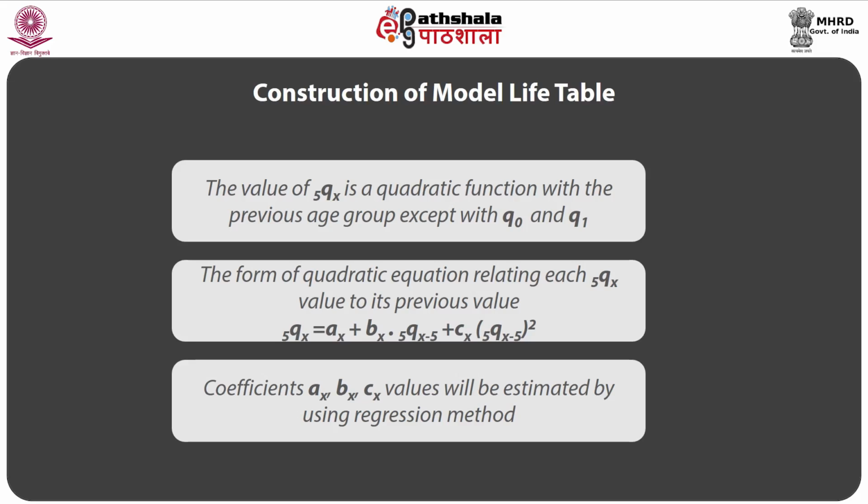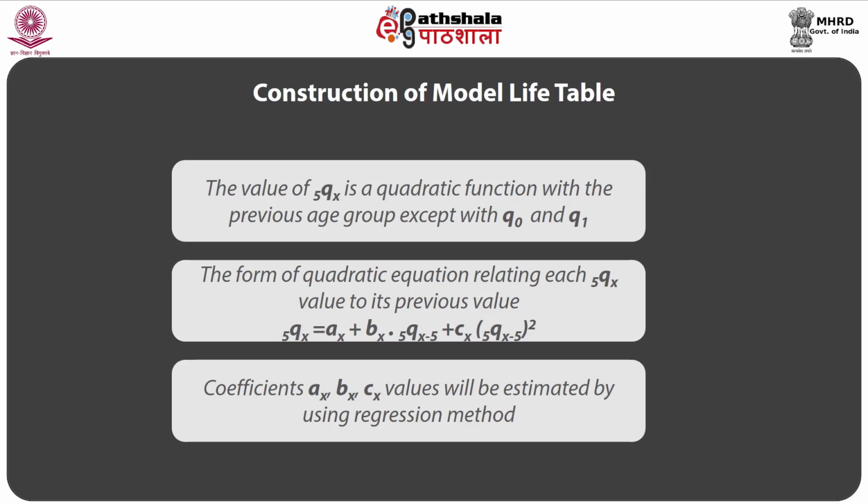The form of the quadratic equation relating each 5qx value to its previous value, that is 5q(x-5), was as follows: 5qx equals ax plus bx multiplied by 5q(x-5) plus cx multiplied by 5q(x-5) whole square.